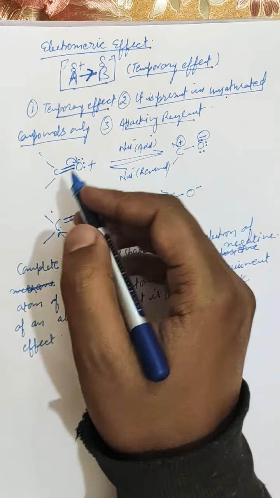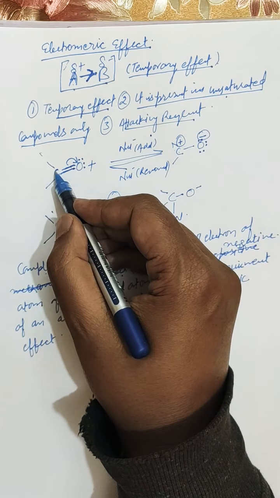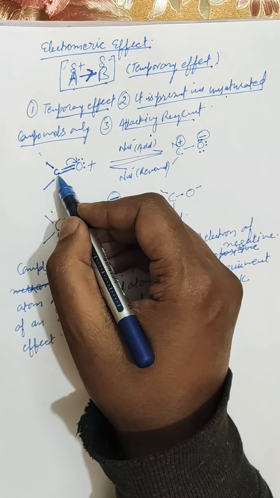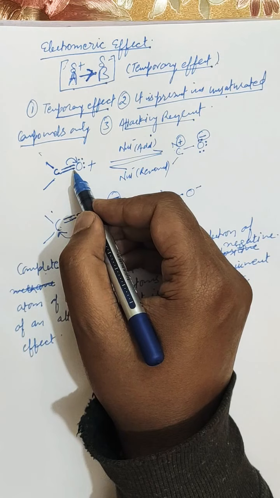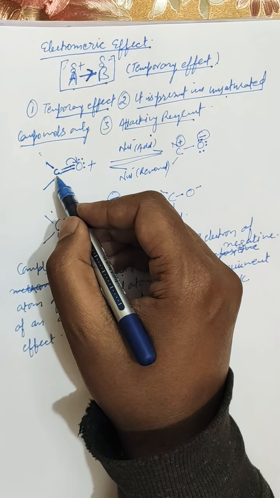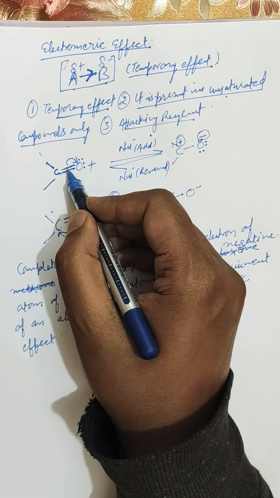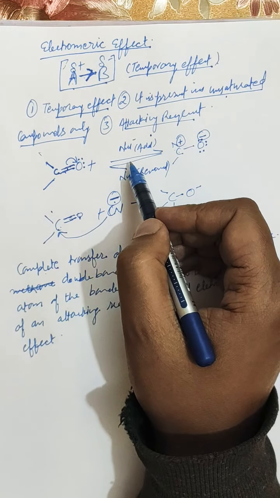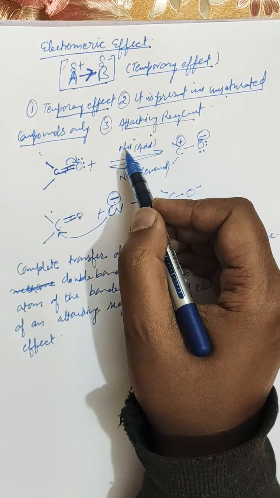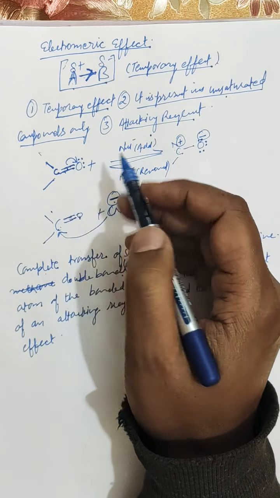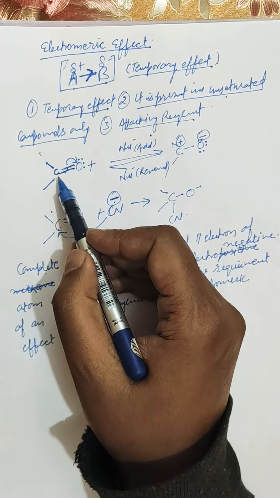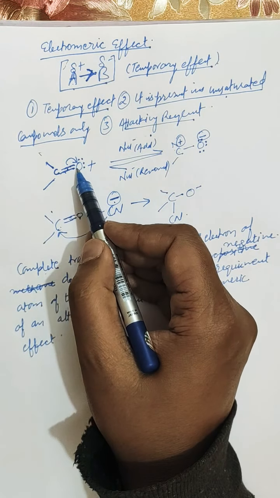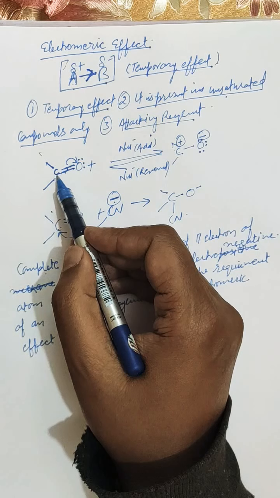So let us say this carbonyl compound is an example of the electromagnetic effect. There is an unsaturation in this carbon-oxygen carbonyl bond. There is one sigma bond and the other is the pi bond. When a nucleophile is added to this compound, the nucleophile attacks the electron deficient center, which will be the less electronegative atom, because in this compound oxygen is more electronegative as compared to carbon.